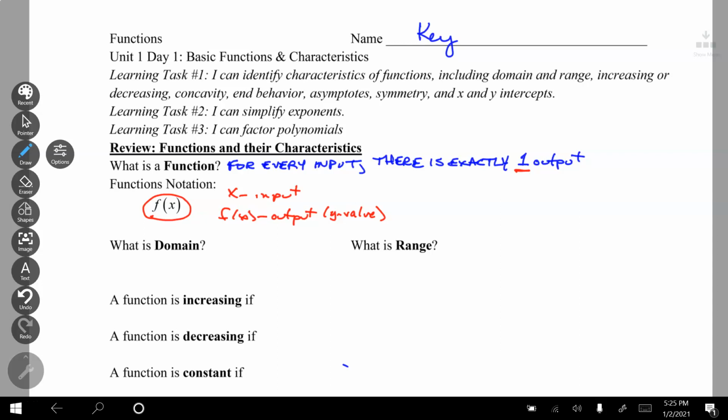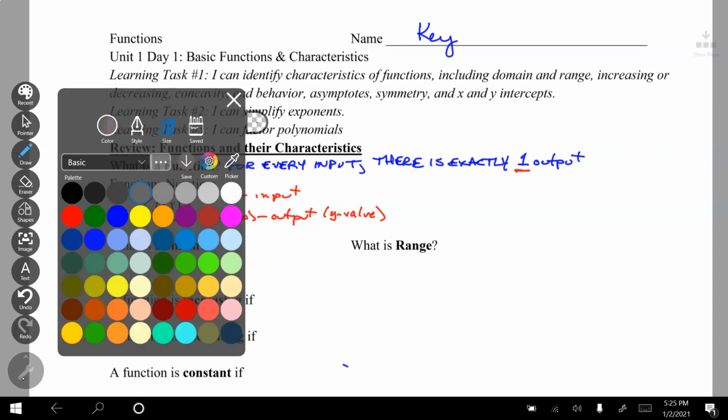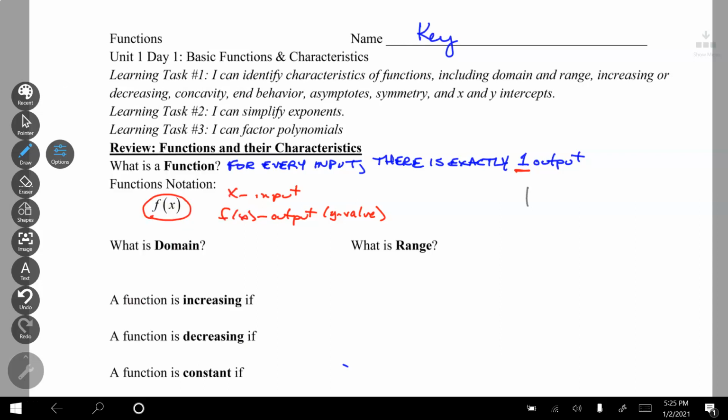So how does this work? Well, if we have a function, stuff goes in, stuff comes out, x goes in, and y, or f of x, comes out of the function.